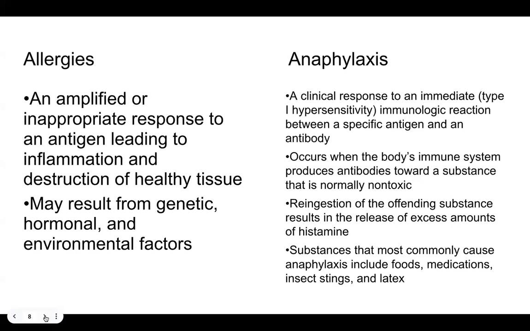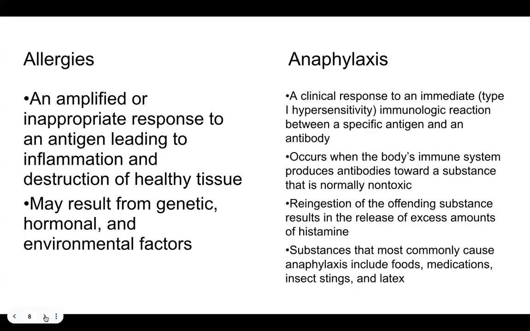Patients who have severe allergies and are subject to increased risk for anaphylaxis should carry an emergency kit that should contain antihistamines and or epinephrine, depending on the severity of the reaction.